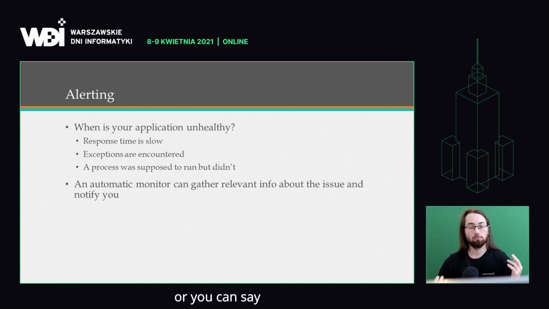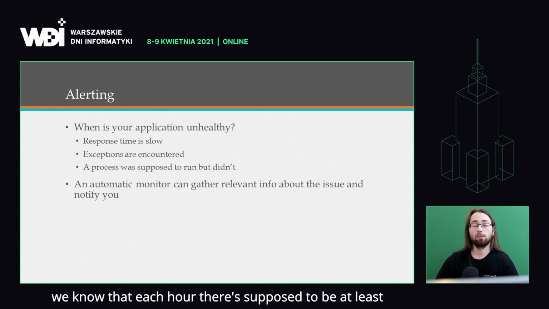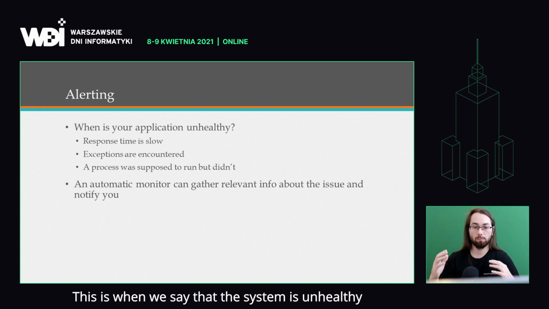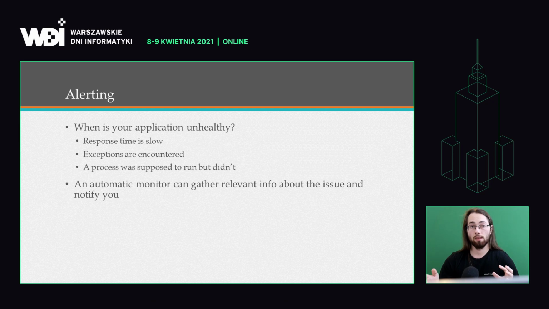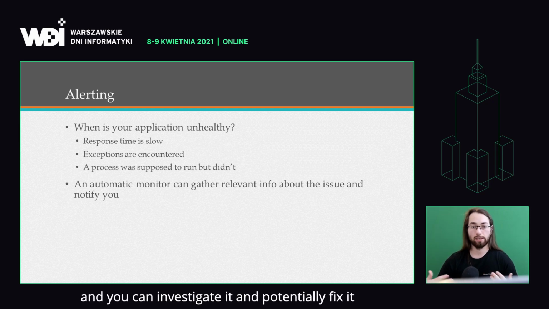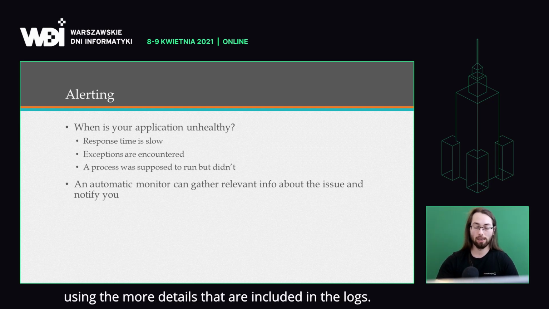Or you can say, we know that each hour there's supposed to be at least that many events processed, and they weren't. So this is what we say, that the system is unhealthy and there's an issue. You should be notified, right? You get an email, you get a text, whatever. But something that brings to your attention that there's an issue, and you can investigate it and potentially fix it using the more details that are included in the logs.